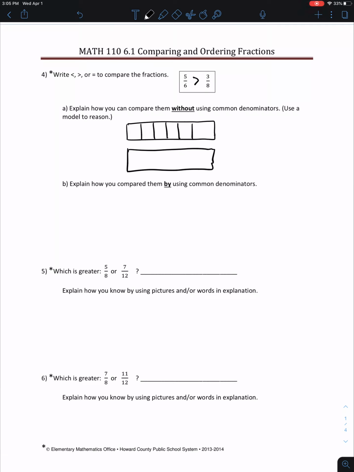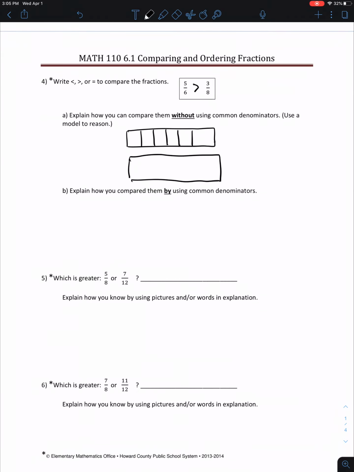The next one I want to divide up into 8 parts, so I need 7 lines. So I need 1, 2, 3, 4, 5. Whoops, I did the wrong lines. Hold on, let me fix this real quick. Thank goodness they made erasers for these things.